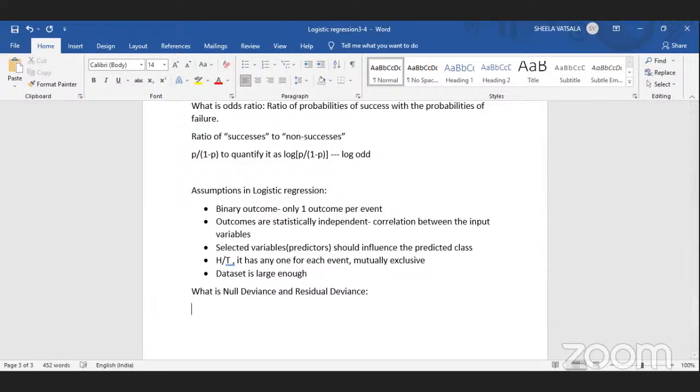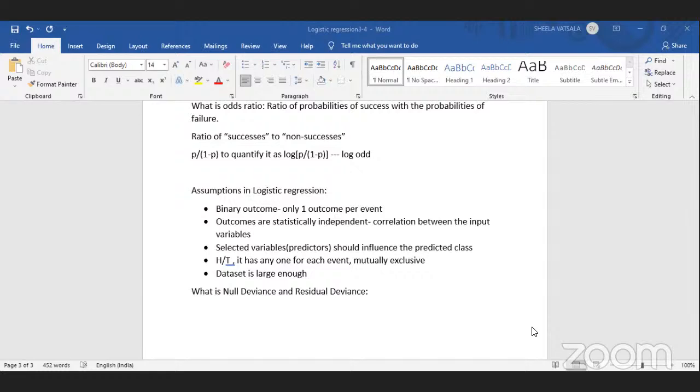These null deviance and residual deviance. Depending on degrees of freedom, we say null. There is very little difference when you actually look at the meaning of the two sentences.